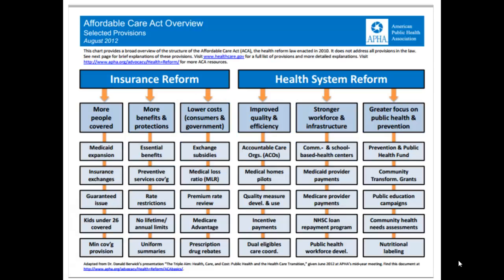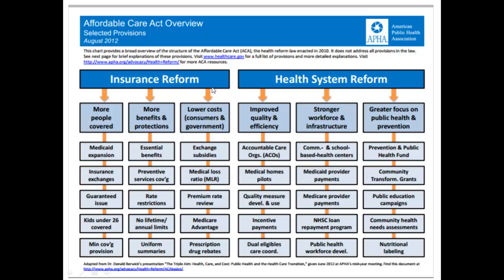No deliverable. I love this slide here because it is a very simplified overview of the Affordable Care Act of 2010, and it's been divided into 2 categories: insurance reform and health system reform.